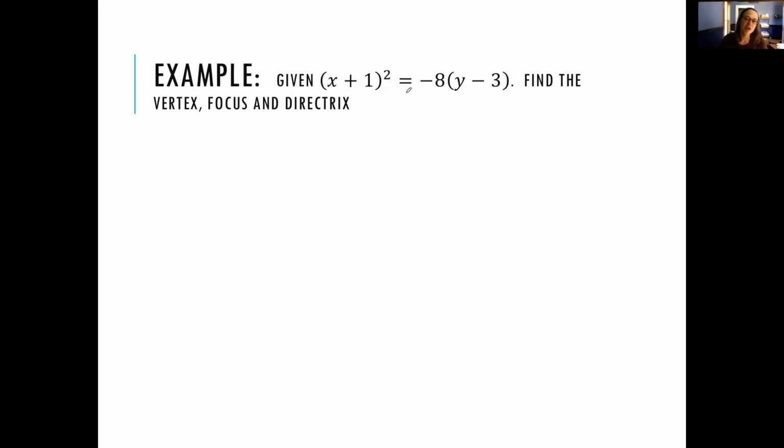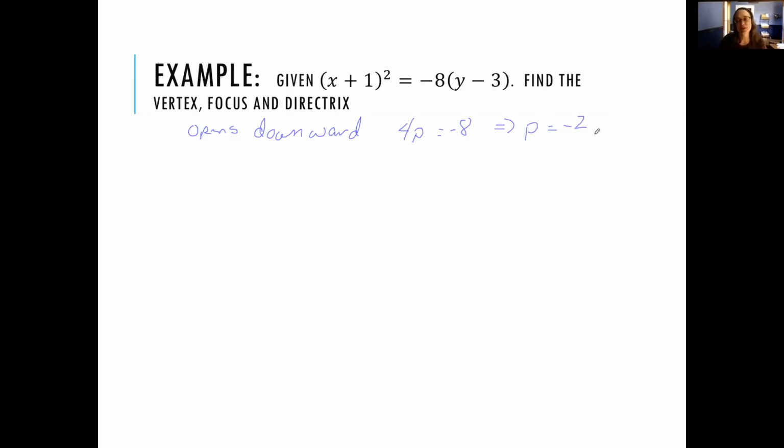So we take a look at the p, and this is a parabola that opens downward because we see that 4p equals negative 8, which means that p equals negative 2.